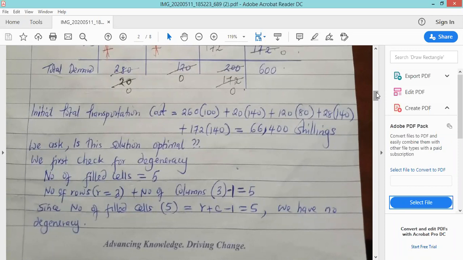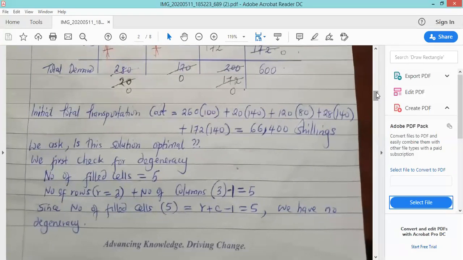What we do is to check for what we call optimality by finding out whether it is possible to move some units from one cell maybe to another.